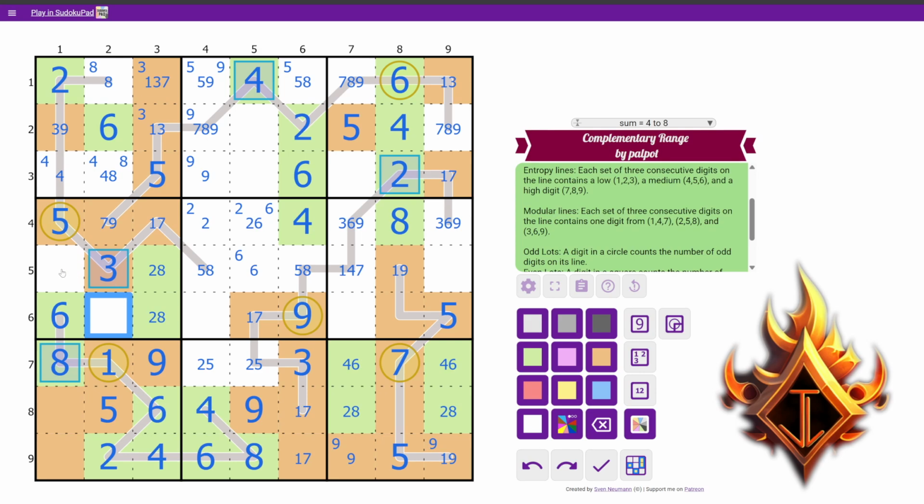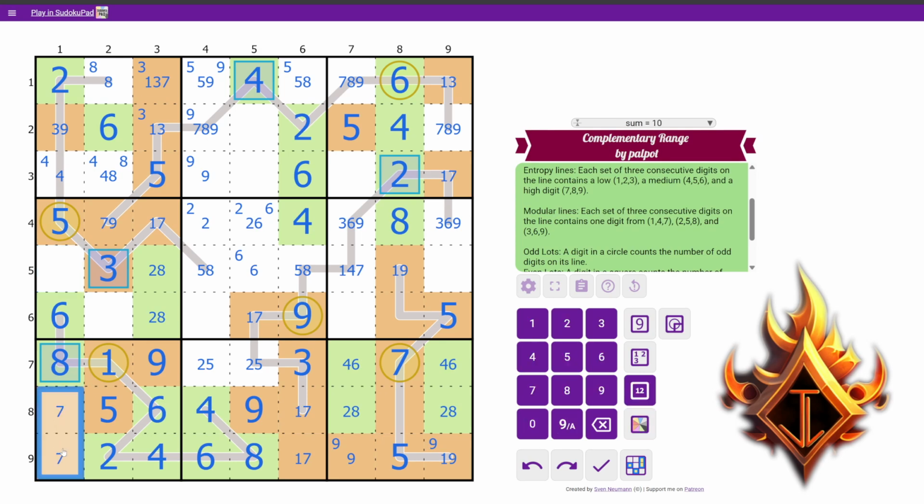1, 4, 7, 9 is the entire box. 1, 4, 7, 9. Seven is over here now, though. I should know the other number. 3.